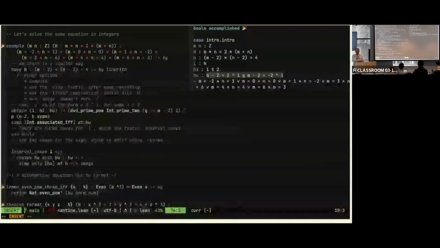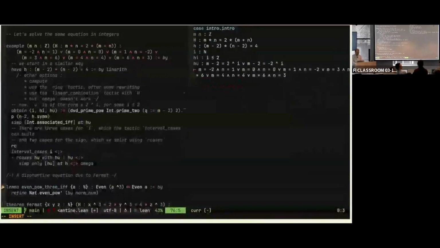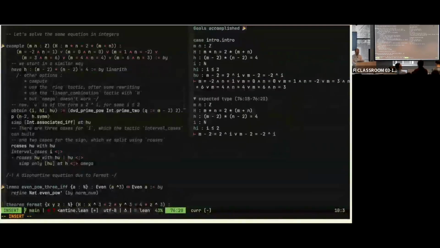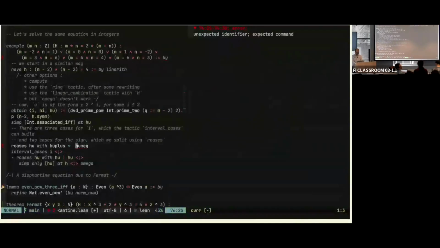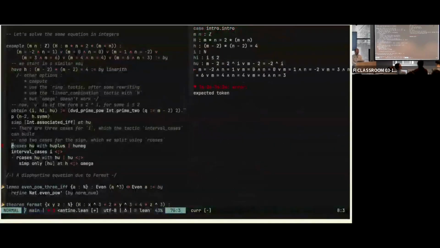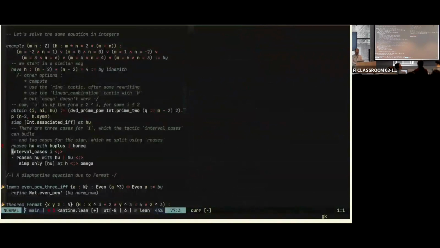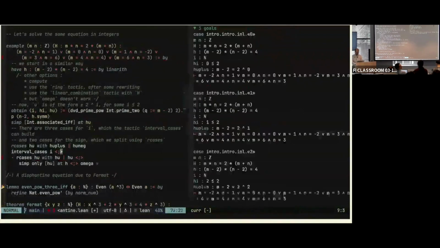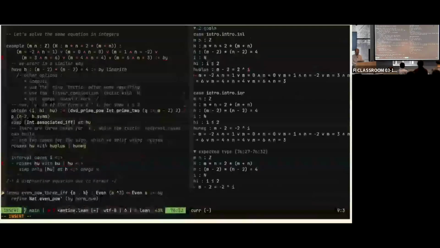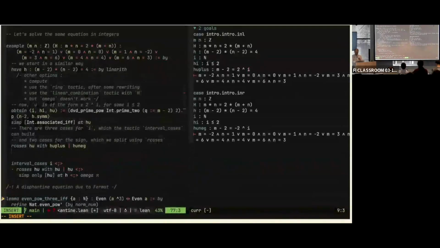So rcases splits with hu_plus and hu_neg, and the syntax is this pipe between the 2 things. And now you see that at this point, here it's not a space. Okay, I have 2 goals.